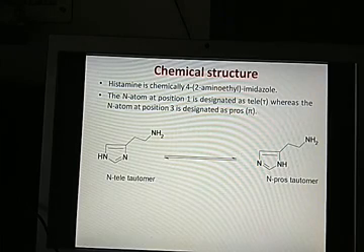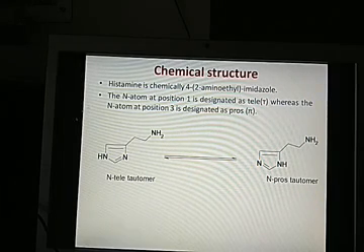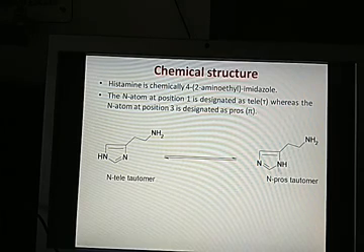Now this histamine exists in two tautomeric forms. We can have hydrogen at position number 1, or we can have hydrogen at position number 3. The molecule in which the hydrogen is present at nitrogen 1 is called the N-tele tautomer, and the other form, in which the hydrogen is present on the third nitrogen, is called the N-pros tautomer.